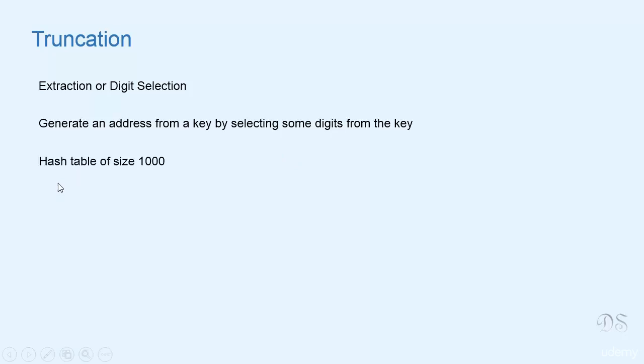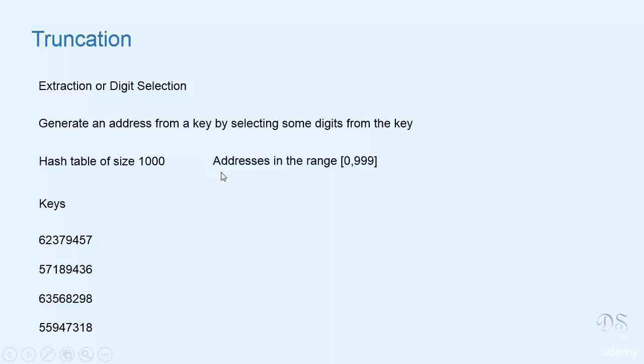Now suppose we have a hash table of size 1000 and we have to store some 8-digit keys. Now table size is 1000, so we need addresses in the range 0 to 999. We can form our addresses by selecting any 3 digits from the key, and that way we can get addresses in this range.